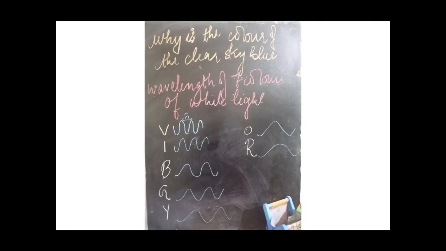So let's see. We know the wavelength of the 7 colors. As we know, white light, when dispersed, disperses into 7 colors, right? VIBGYOR. Now, the wavelengths of these are different.